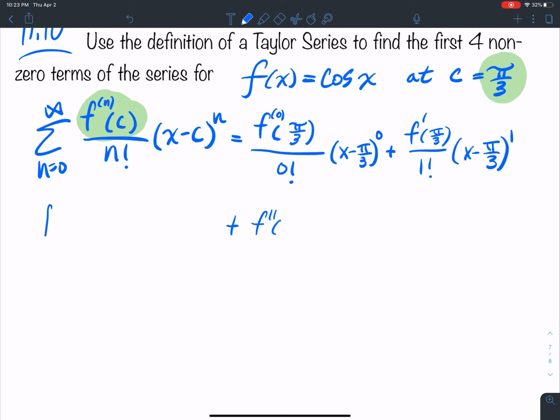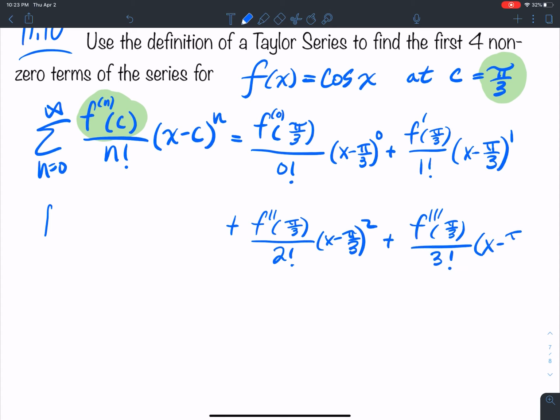F double prime of pi over 3 over 2 factorial, x minus pi over 3 squared, and then f triple prime of pi over 3 over 3 factorial, x minus pi over 3 cubed.